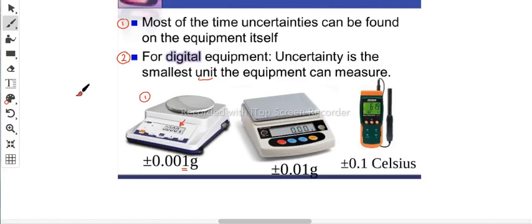So the uncertainty or the absolute uncertainty for digital equipment is the replacement of the inexact decimal number by the number 1. Continuing with the second balance, you find that it gives me two decimal places. If you replace the last decimal, which is the place of the inexact number, by the number 1, you have the absolute uncertainty of this balance.